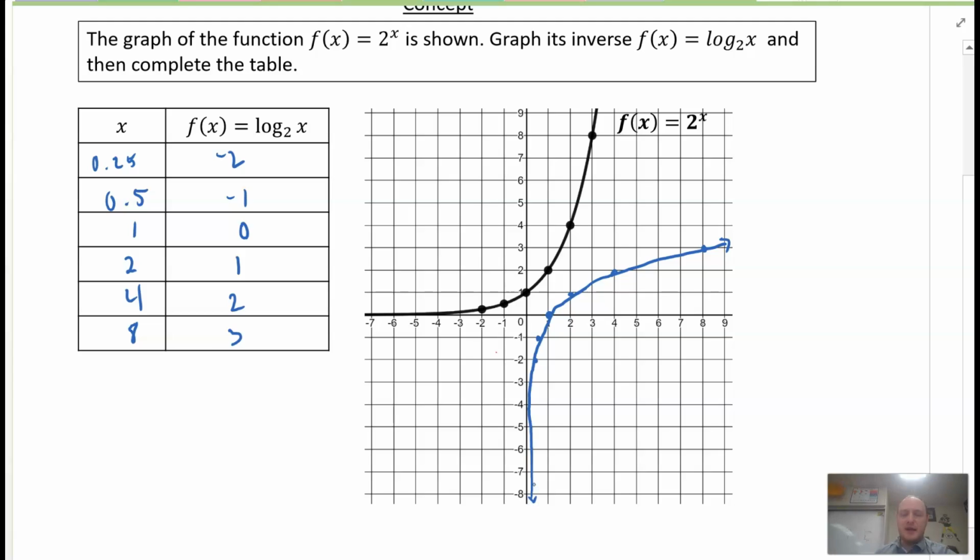Something that you'll notice about a logarithmic function is that it has a vertical asymptote at x equals 0, so it will never touch this axis. It will never move, unless we have translations. That's what a logarithmic function looks like.